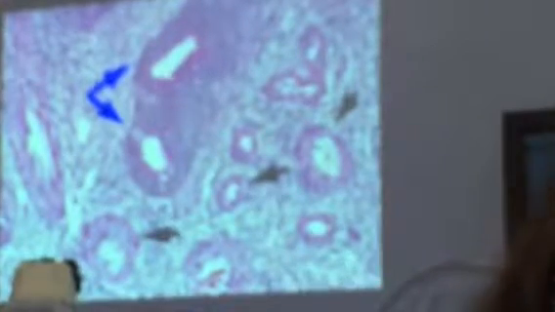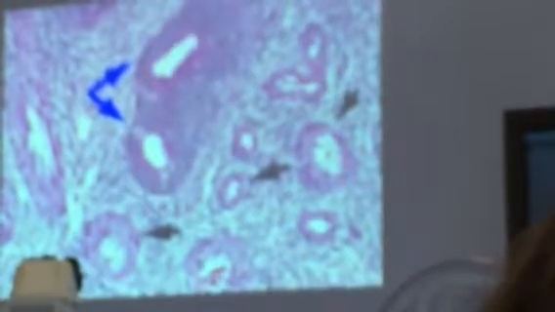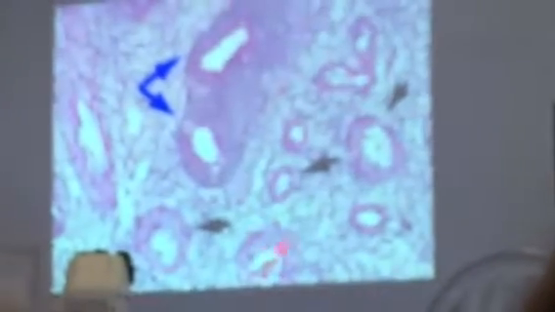Parang mas compact siya. Mas streaming siya. You look at this, parang they're streaming into each other. They're pointing to the same direction. Okay? Yan. And of course, your blood vessels are in the middle of that cushion.